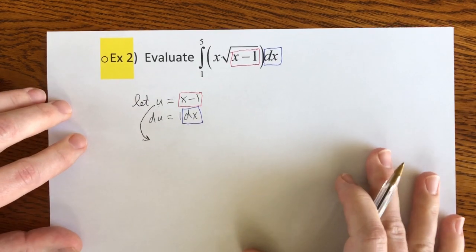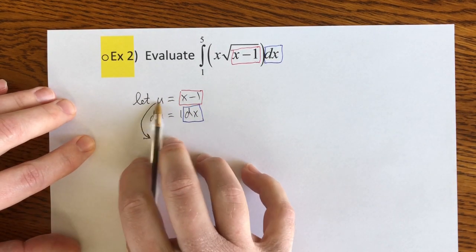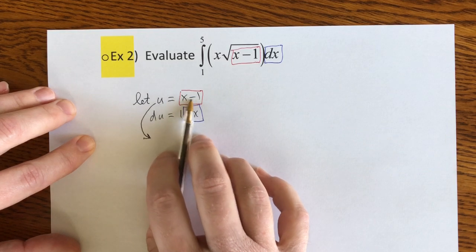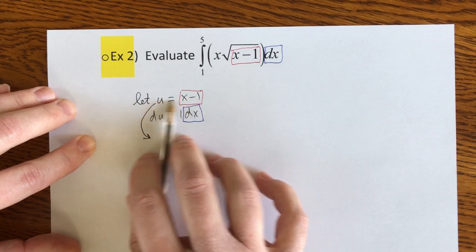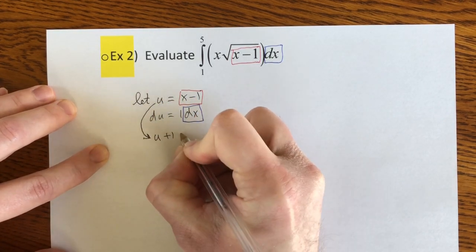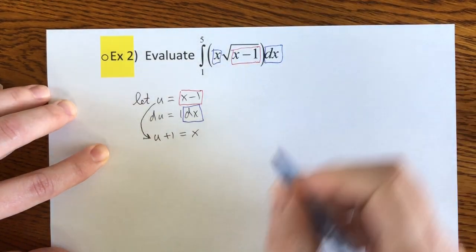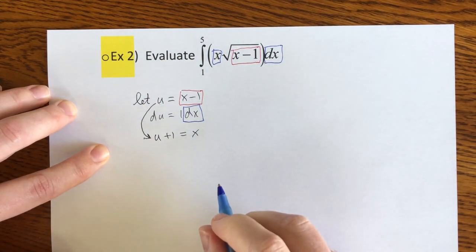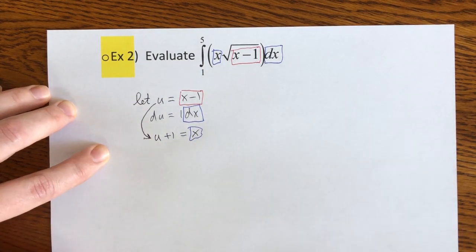All we have to do is isolate x in this original equation by adding 1 to both sides. So I'm now going to add 1 to both sides of this equation, giving me u plus 1 equaling x. So now this x component is accounted for, and it's going to be equal to u plus 1.